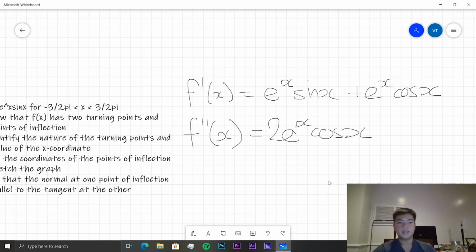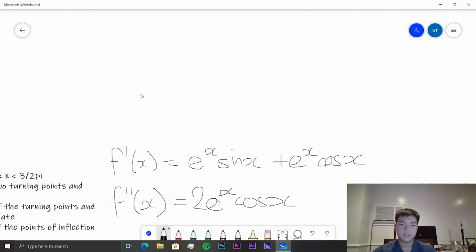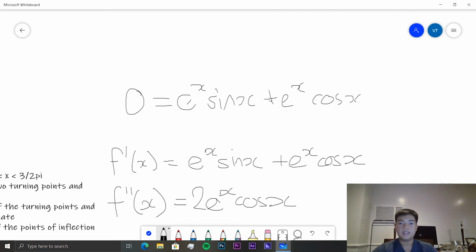So let's get the number of turning points, which is when this is 0. So 0 is equal to e to the x sine x plus e to the x cosine x. e to the x will never reach 0, so we can factor that out. So sine x is equal to negative cosine x.